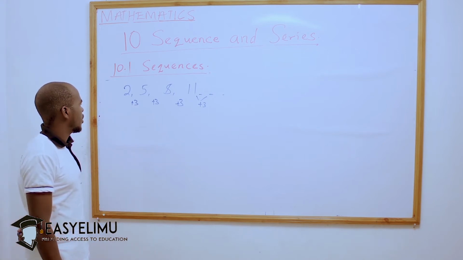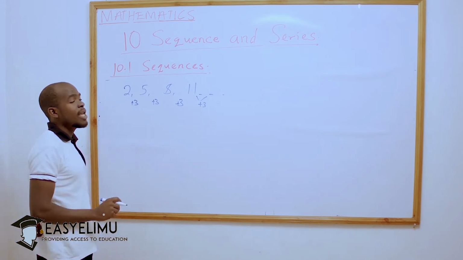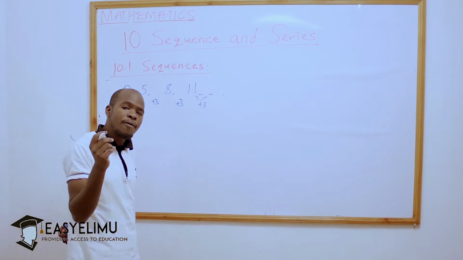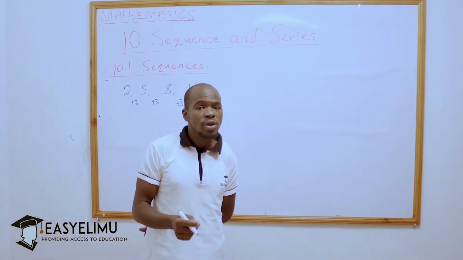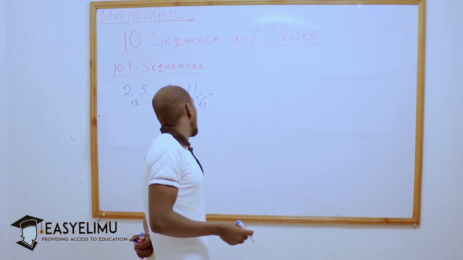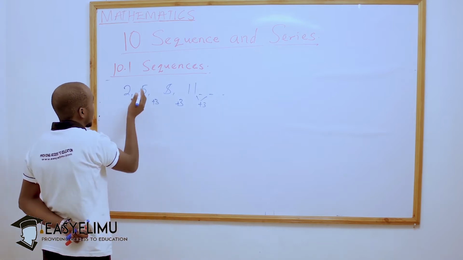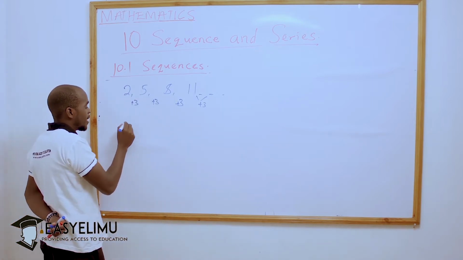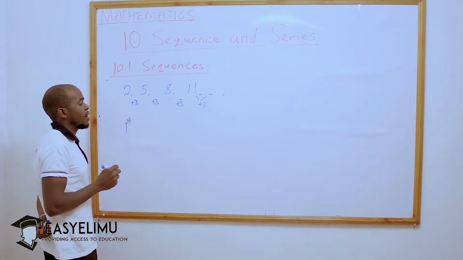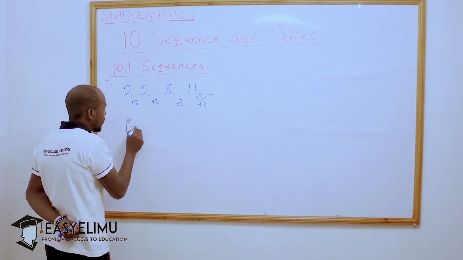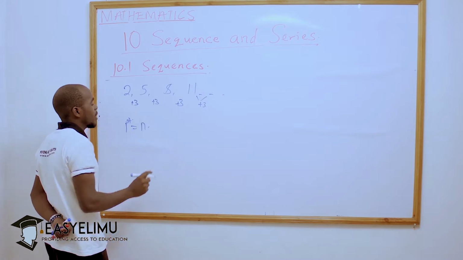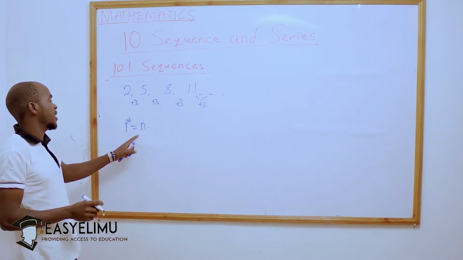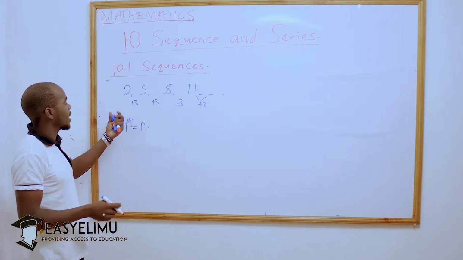But we know one thing. To obtain the numbers given here, we have to formulate a formula which will help us get those numbers. Let's take for example the first term. We take that first term to be equivalent to the n which we are seeking. How can we write that formula?